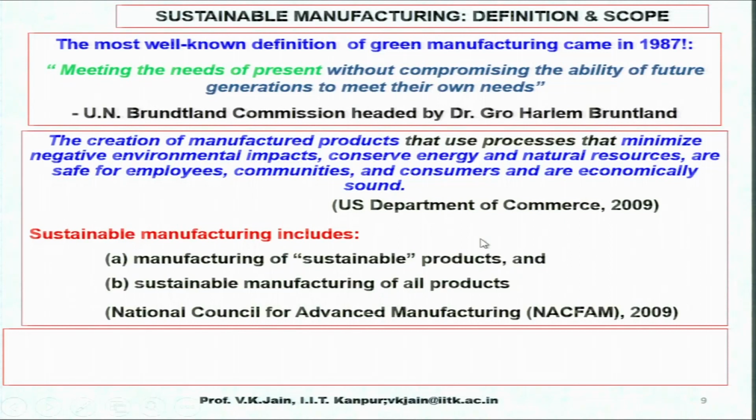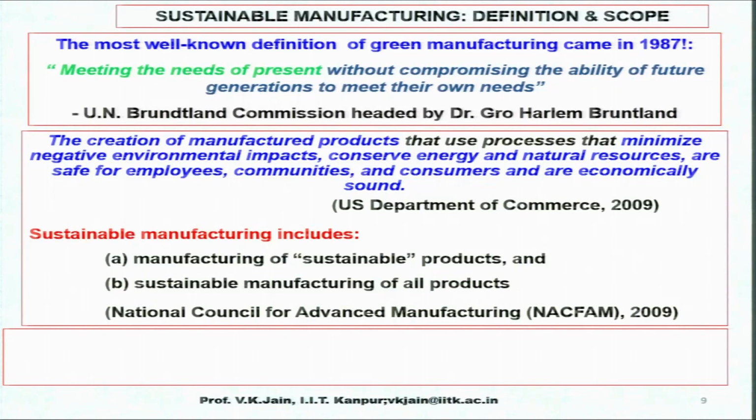So, sustainable manufacturing includes manufacturing of sustainable products. This is also very important. It is not only the manufacturing process that should be sustainable, the manufactured products should also be sustainable, because they also create all kinds of problems if you use the culture of use and throw, which was the culture in the Western world including America.